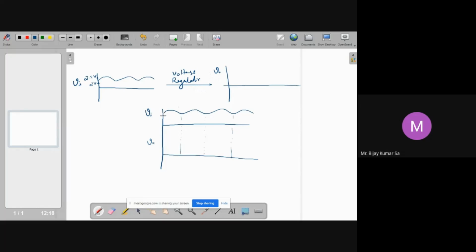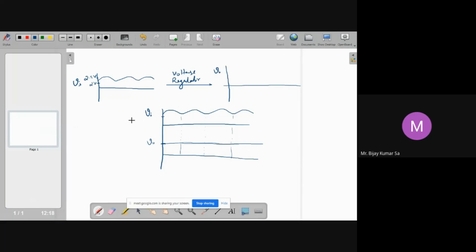So how will V output be managed? Whenever Vi is more than 2 volt, V output will be 2 volt only, like this.